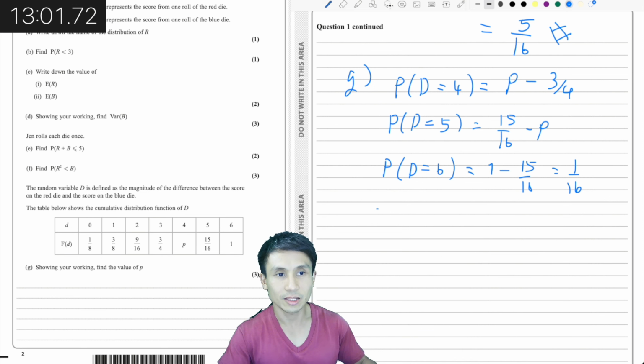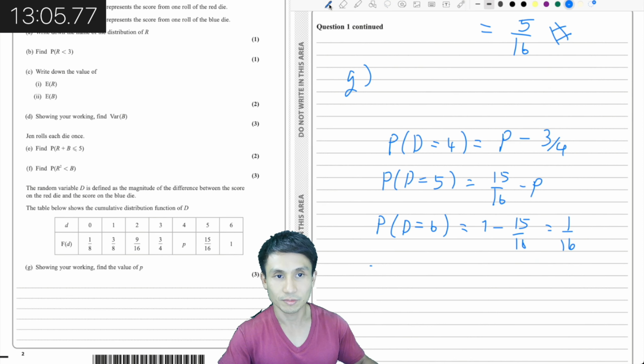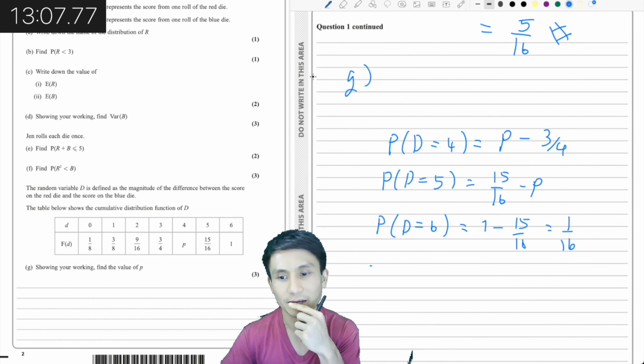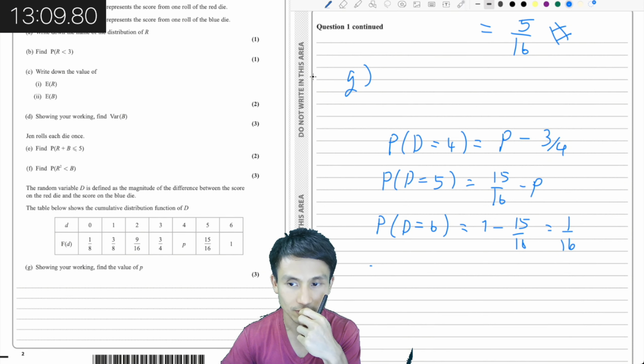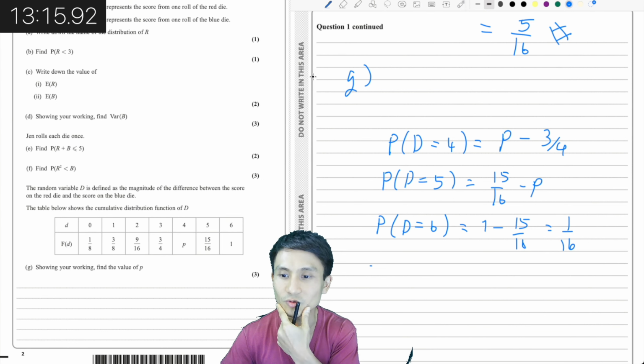Okay, you know what? I think I'm going to maybe find all of them. But if we add them up, we're not going to get that. Wait, hang on. The random variable D is defined as the magnitude of difference between the score on the red die and the score on the blue die.